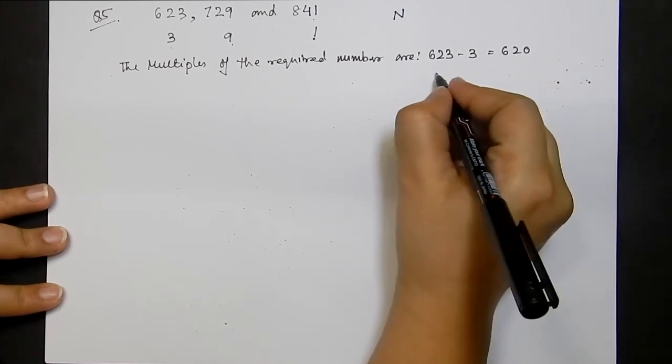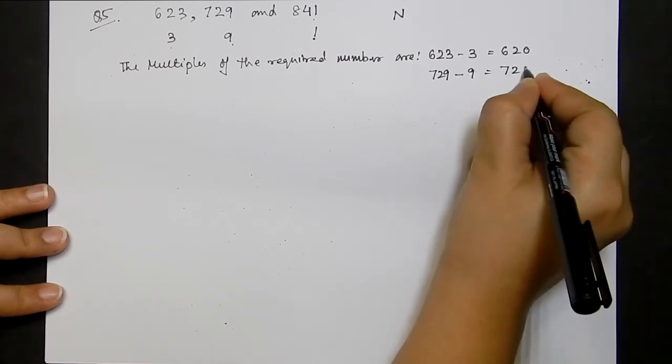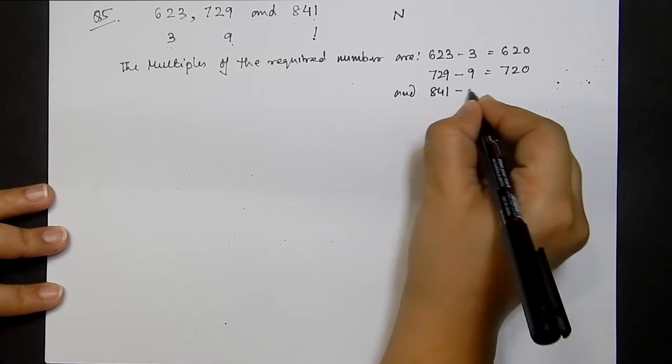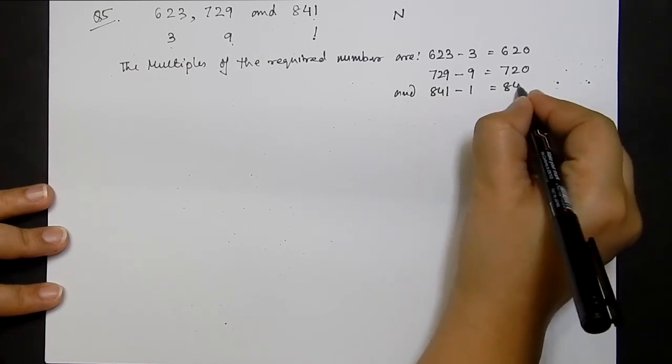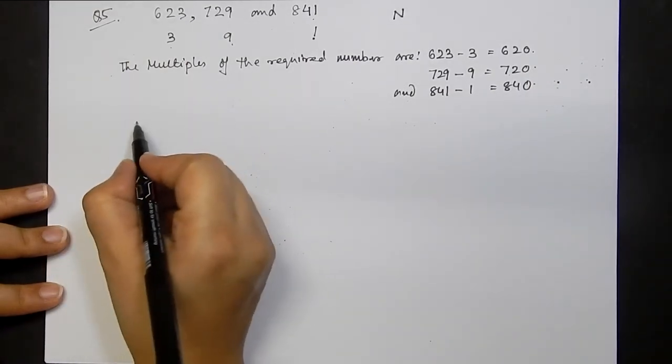This is the first one. 729 minus 9, this is 720, and 841 minus 1, which is 840. So you have to find out the HCF of these three numbers.